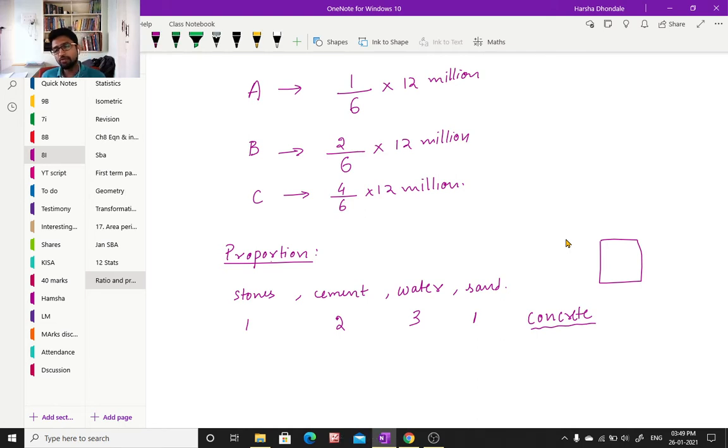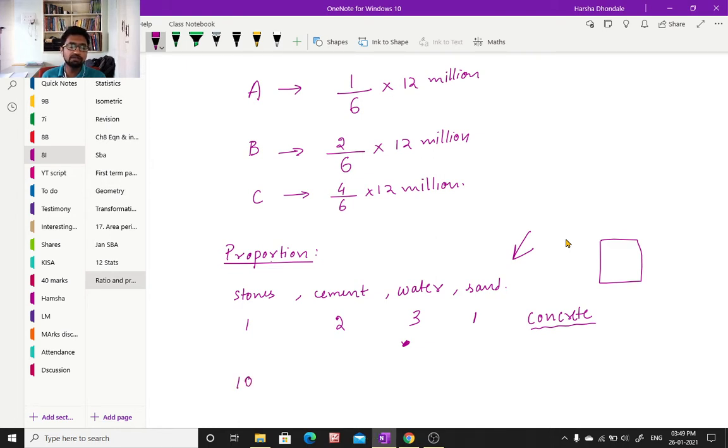Now let us say I have to prepare this concrete mixture once again, but in a larger quantity. Then if I want that concrete mixture to have the same characteristics as this one, what I have to do is increase everything proportionally. Which means instead of one container of stone, I take, let us say, 10 containers of stones.